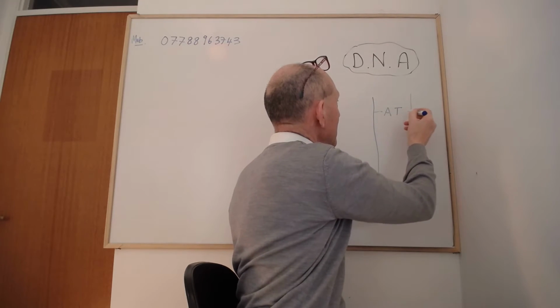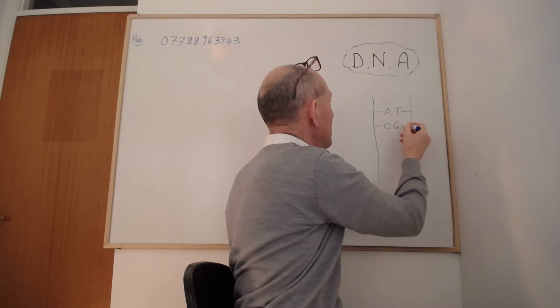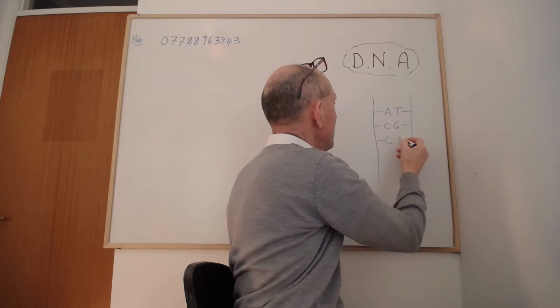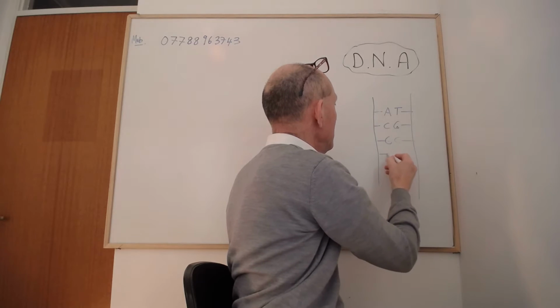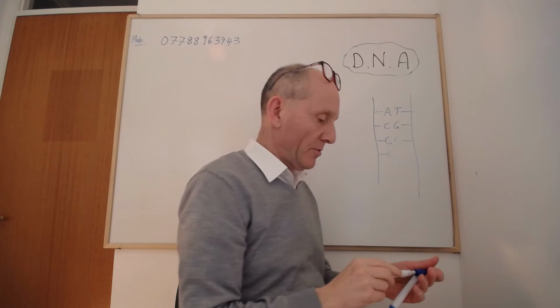Then you had bases A matched with T, and C matched with G, and G matched with C, and so on.